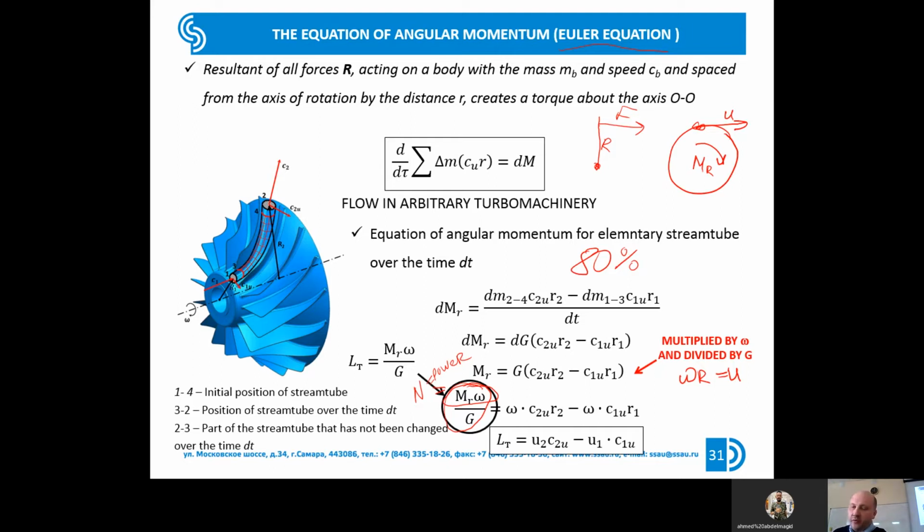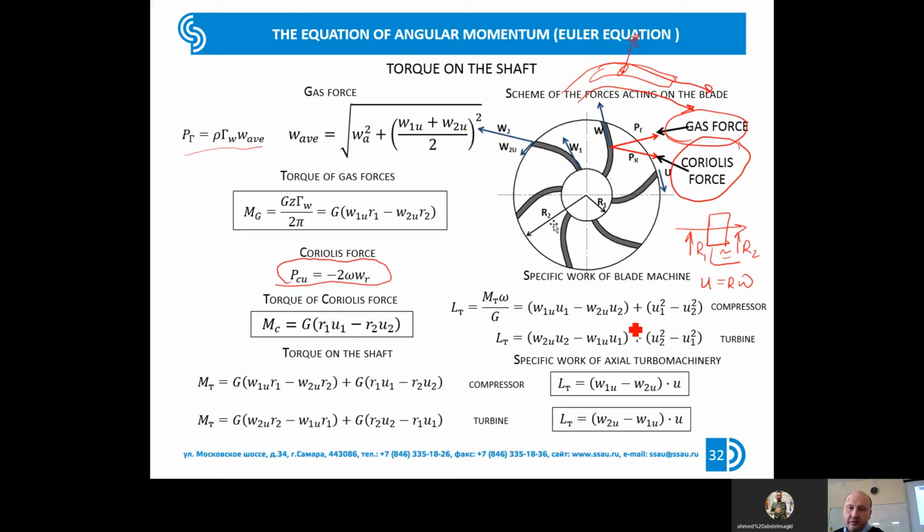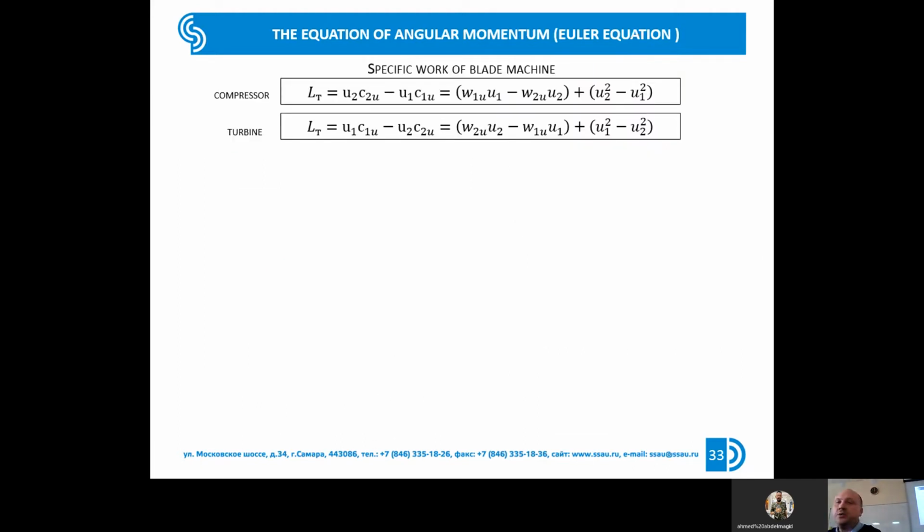It means this formula and this formula could calculate the same thing, and that's why we could make them equal. So we unite these two equations into one equation.